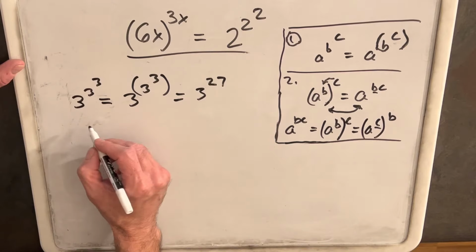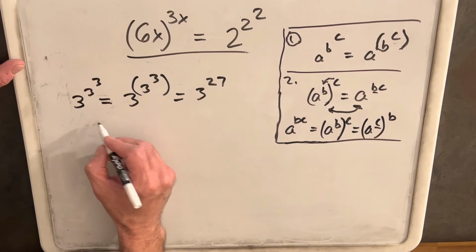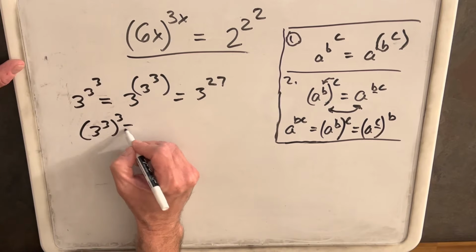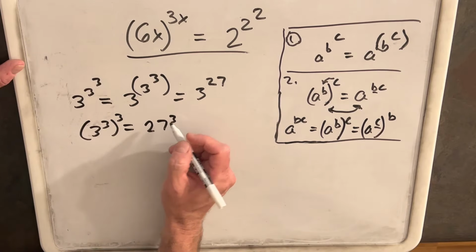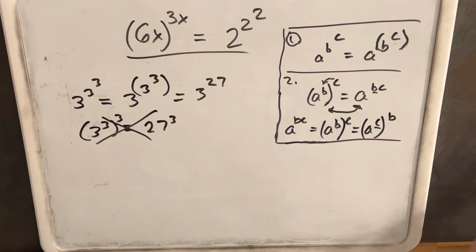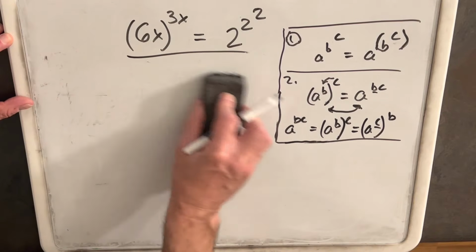The wrong way would be to calculate the bottom first and end up with 27^3, which is a much smaller number, and this would be wrong. That's going to be important when we have this exponent tower in our problem.